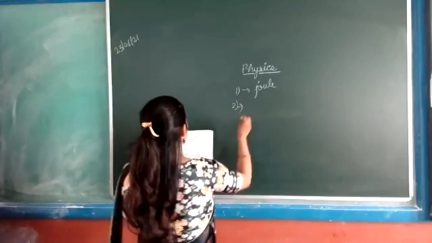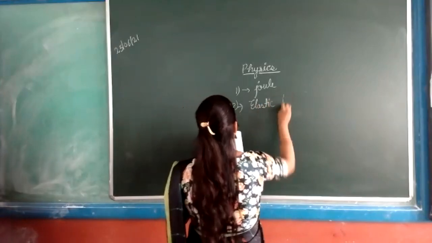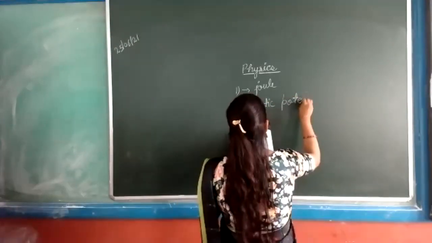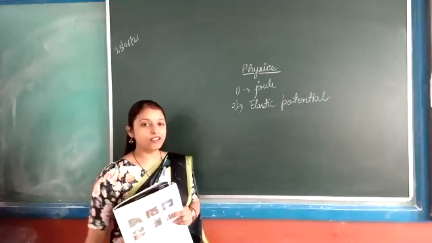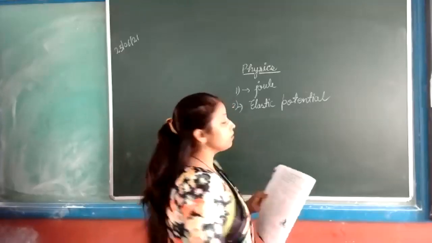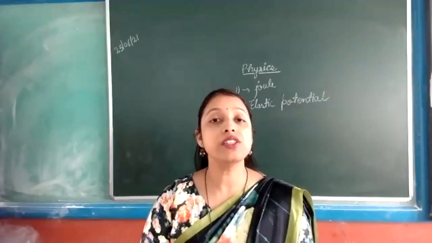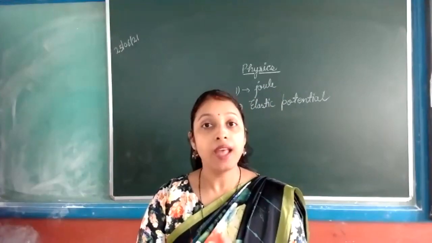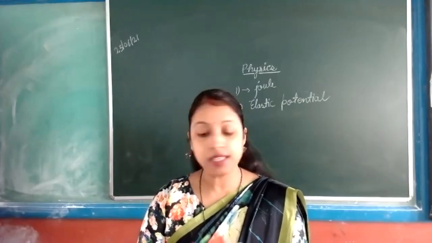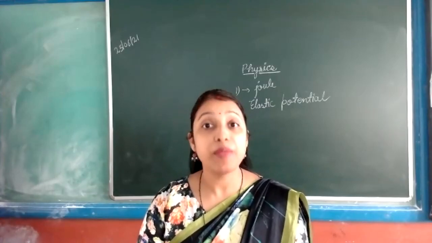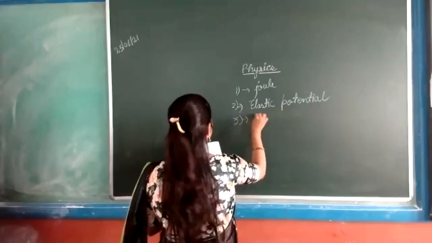So you will write in the second one, elastic potential energy is written already. So the answer will be elastic potential. Now, the third question is the energy of the food. The energy of the food that we eat is stored as chemical energy. So in the third one, the answer will be chemical.